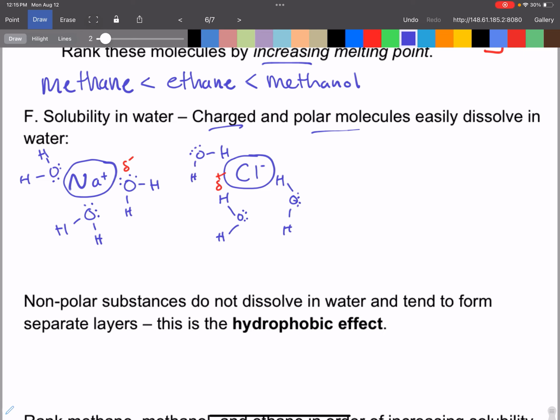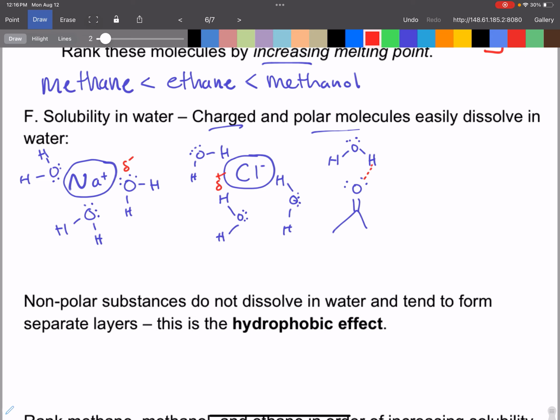And then we've got things like dipole and hydrogen bonding. Those polar molecules that can do those things are going to have very good solubility as well. For example, we looked at acetone, so you could think about something like that. If I'm a water molecule, I actually have the ability to hydrogen bond with acetone. So I'll draw a hydrogen bond in like this.